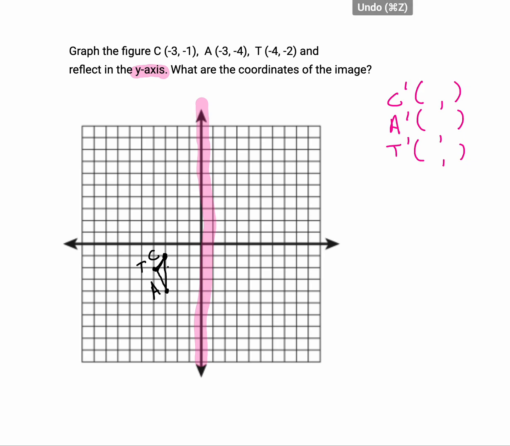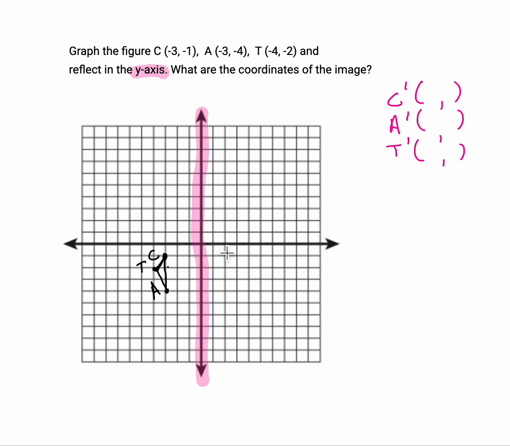I'm going to redraw that one. So just highlighting that across. That means my cat has to go over here. So now when I reflect it, point C is 1, 2, 3 units away.